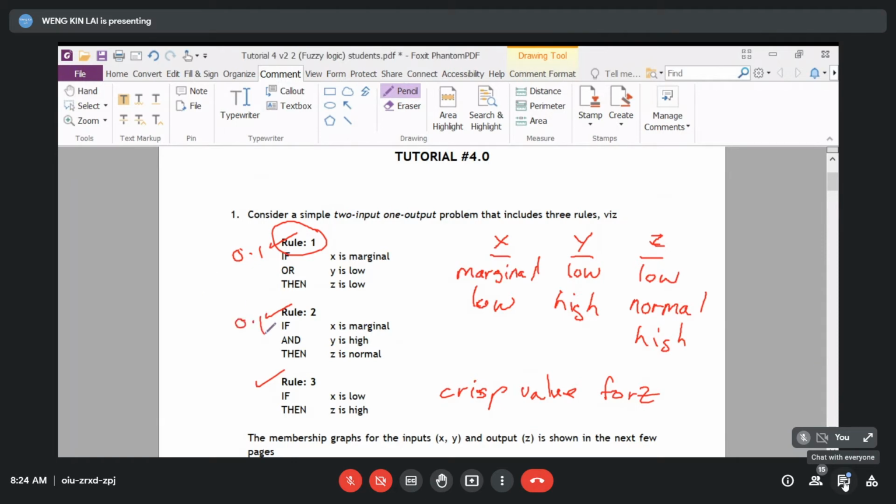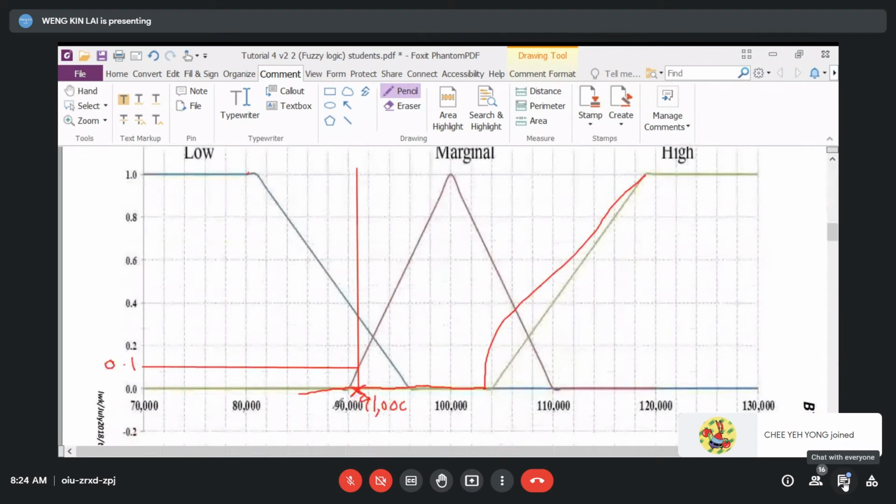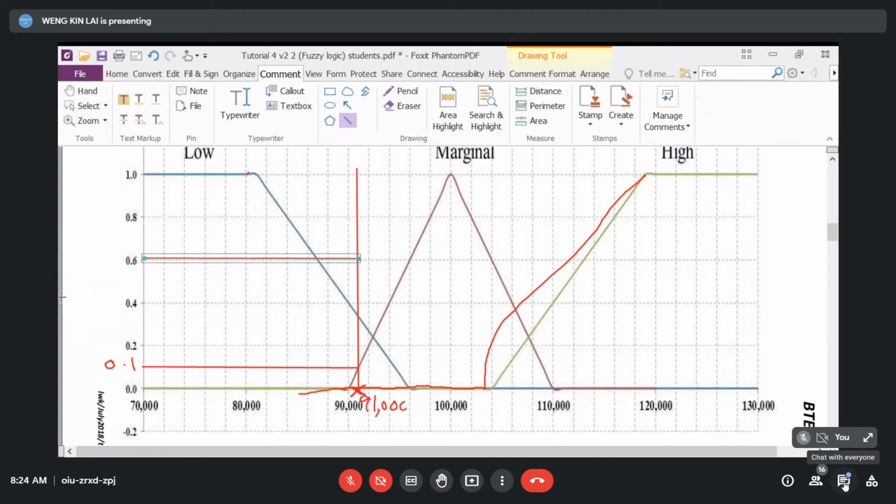Now, since we are doing X, I must do rule number 3 as well. X is low. What is the intersection for membership for low? So again, we can do it here to the line. Okay, and then we look at low. Low will be here.